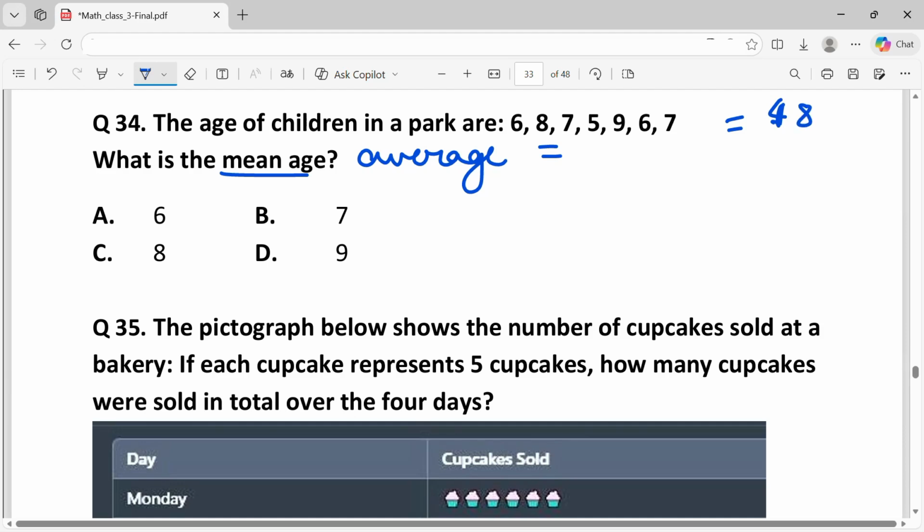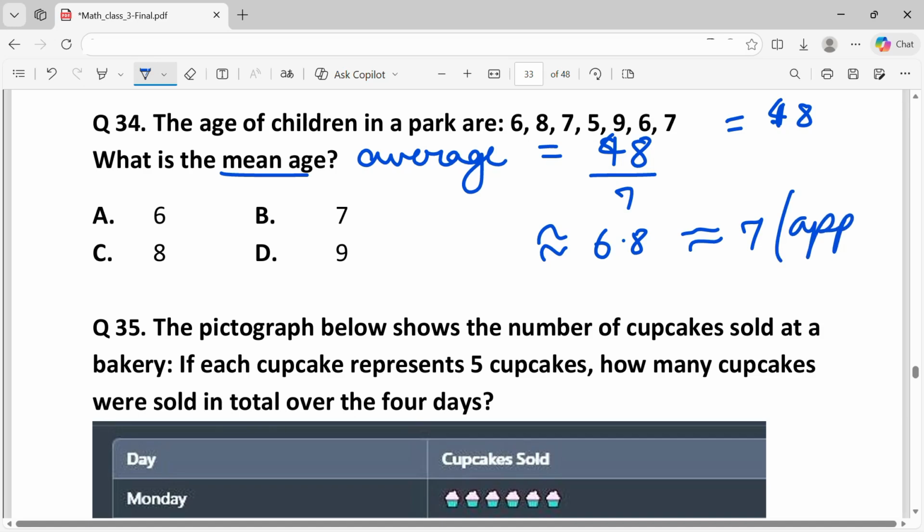So average will be 48 upon the number of observations, that is 7, which is equivalent to 6.8, which can be written as 7 approx. So the answer is B, 7.